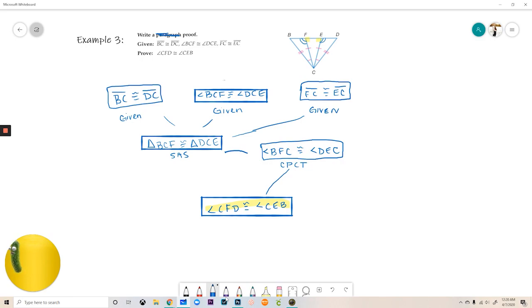We did talk about this a couple sections ago. The congruent supplements theorem. Congruent supplements theorem shows us that CFD is congruent to CEB, and this is how you solve example 3.